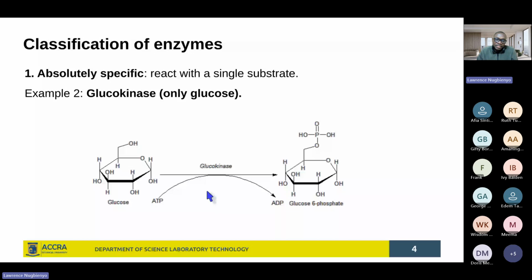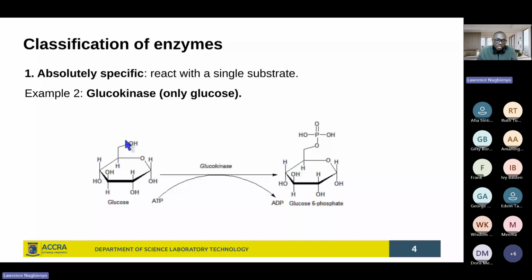The second we are looking at is glucokinase. And this enzyme is also acting on only glucose. Only glucose. And what does it do? I think we mentioned in the first lecture that if you see the name of an enzyme with kinase in it, kinases are involved in the transfer of phosphate groups from one molecule to the other.